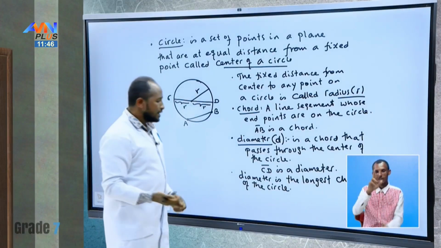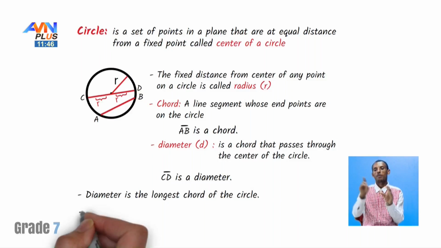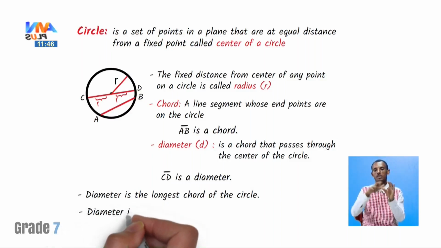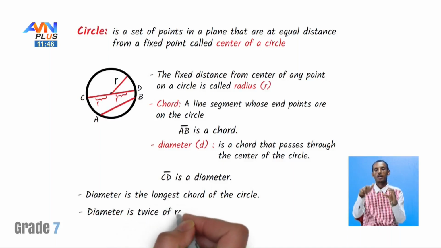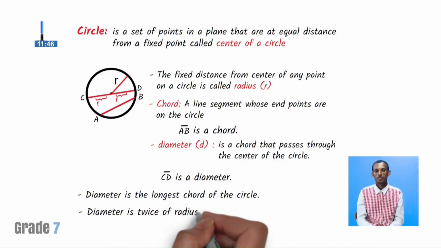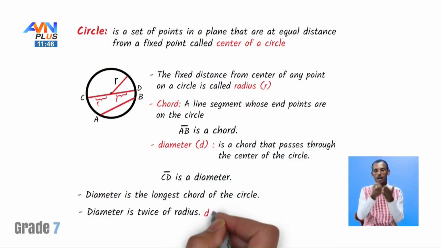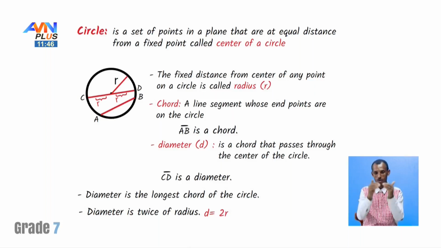Therefore, diameter is twice of radius. So in short, we can write D is twice of r.